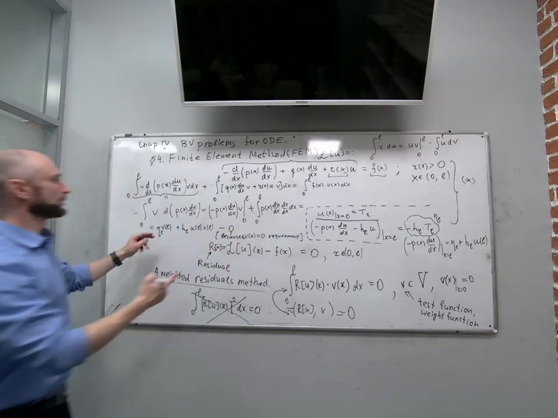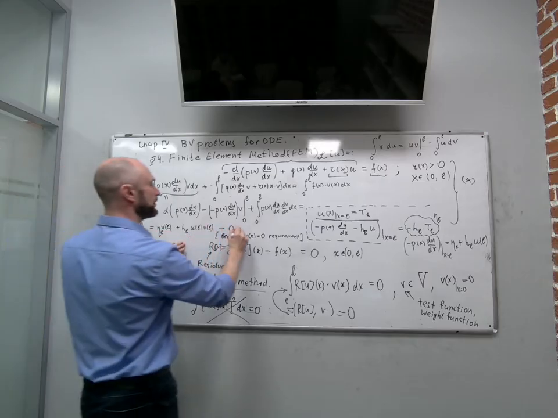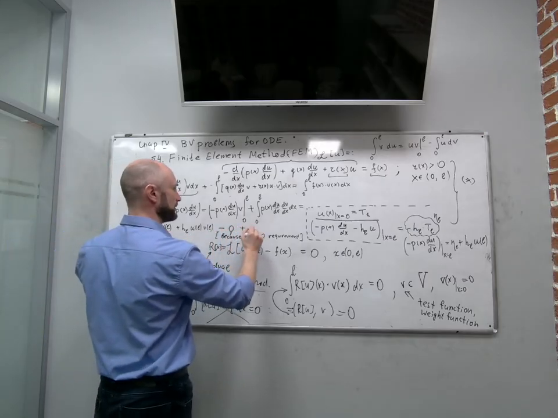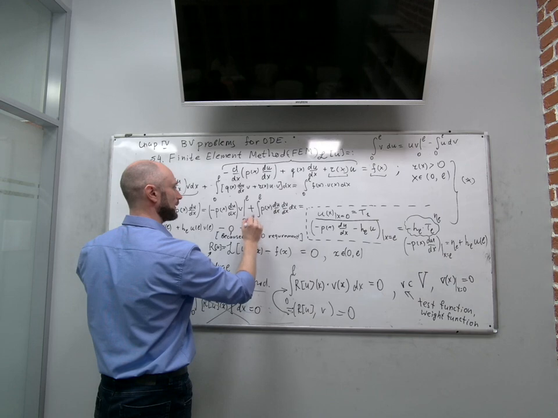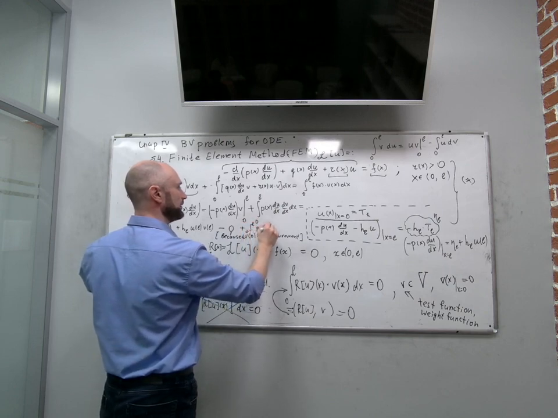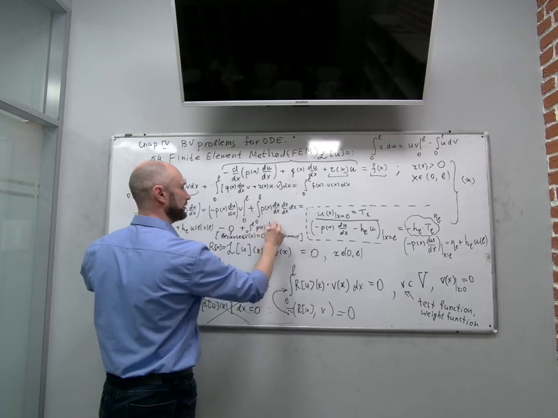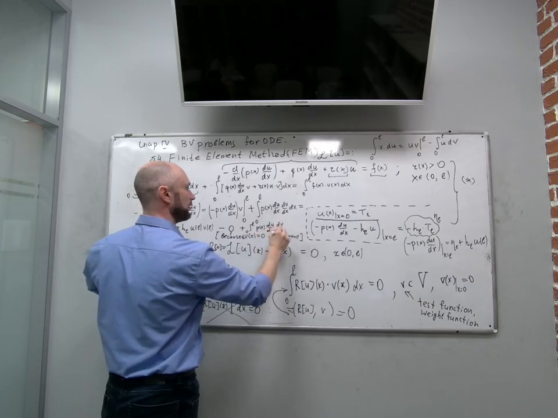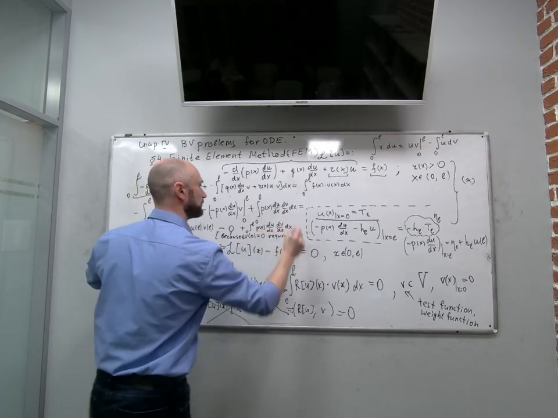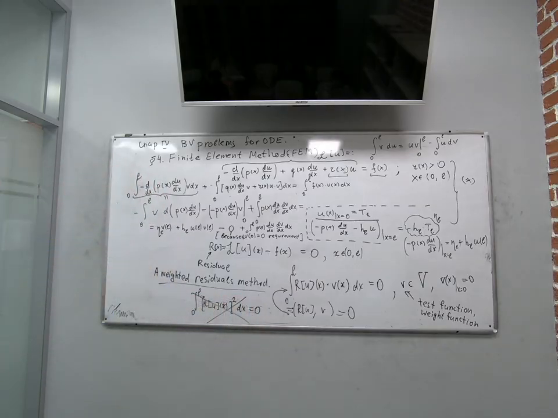That's it. And the integral remains. I'm sorry, I have so little space here, so my writing may become cumbersome. And that's it. So we are done with this integral.